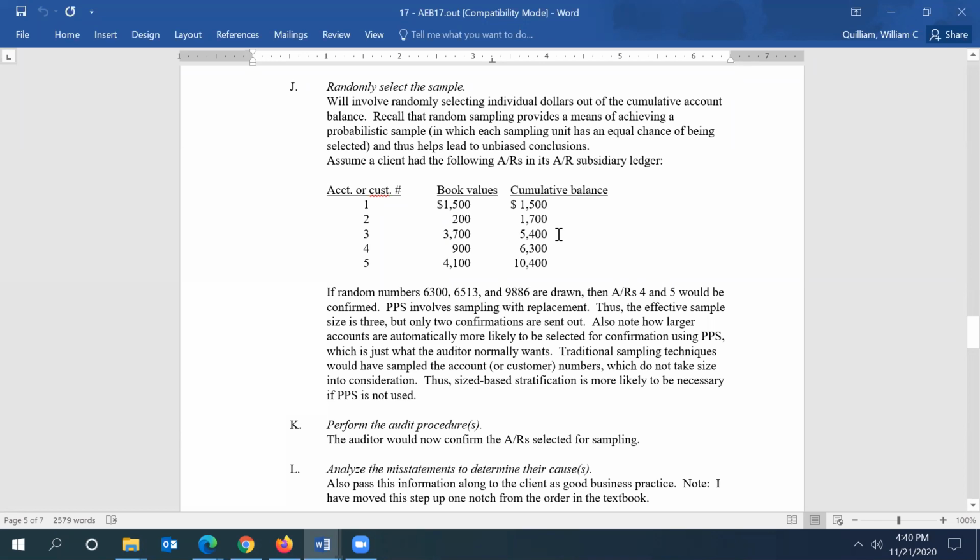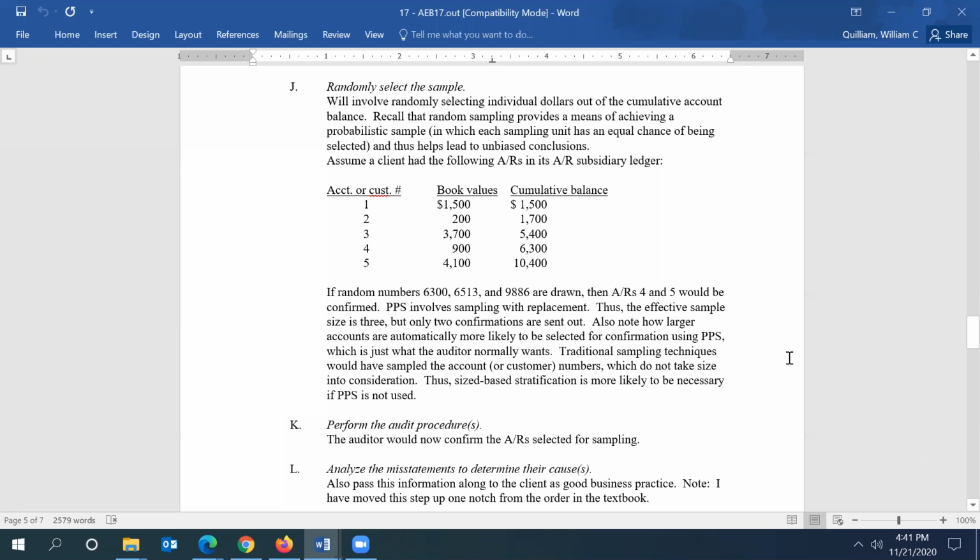So add that to $1,700, we go up to $5,400. Account 4 puts us up to $6,300. Account 5 puts us up to $10,400. Pardon me, my mind got off on 10 million and my place value too. I kept these numbers small because they're easy to deal with.